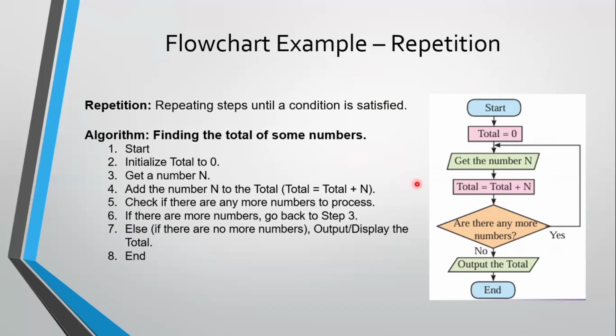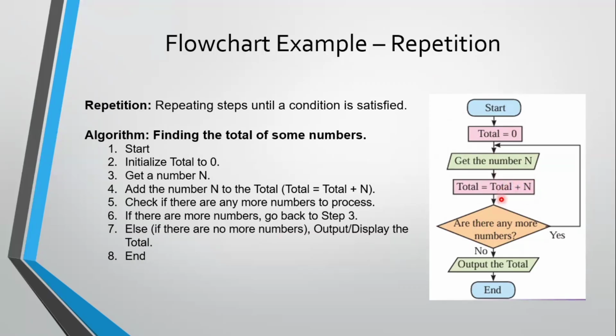We start with the total of 0. Then we get a number, call it n. When we get a number, we add it to the total. We add this n to the total, right?